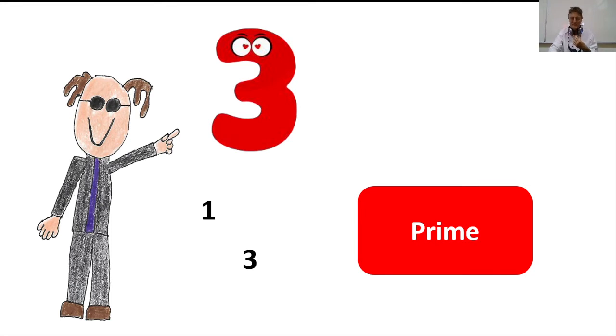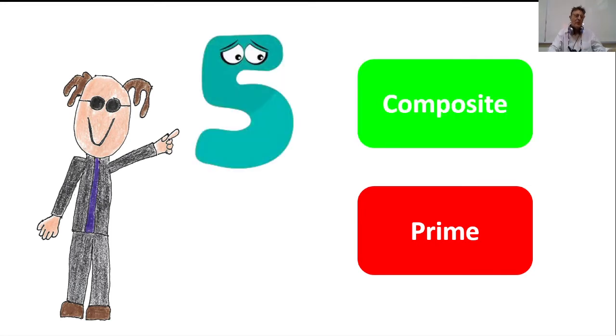Okay, we will go through all of the numbers up to 20, I think. Number 4 we have already done. We know number 4 is a composite number. But what about number 5? Is it a composite or prime number? What do you think? Of course, it can be divided by 1 and itself.